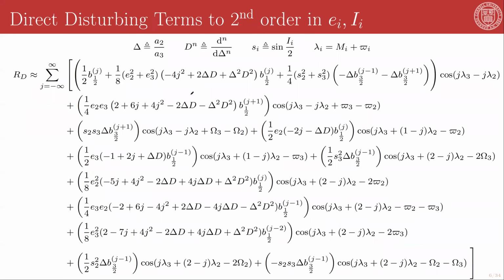And recall, the delta operator, d to the n, is defined as the nth derivative in delta, and delta itself is the ratio of the semi-major axis of body 2 to body 3, always under the assumption that A3 is larger than A2, that A3 is an external perturber. So you can see here's where our C0 comes from. We're only retaining the 0th j. Here's where C1 comes from, and so on and so forth.